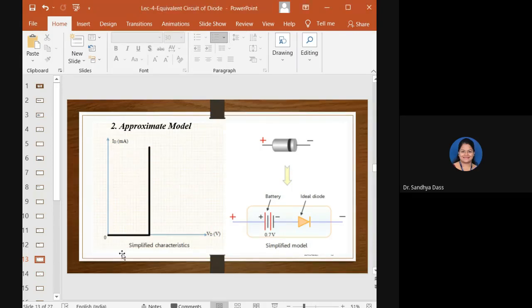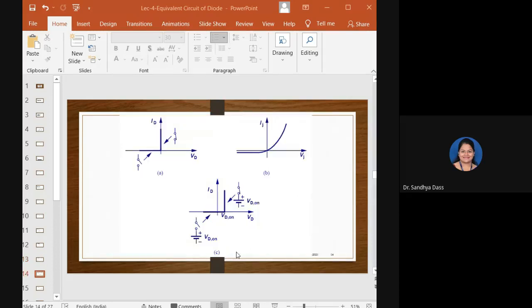Okay, so that is the approximate model. In all the circuits, we will be using this method where we replace the diode with its cut-in voltage or typical barrier potential. This is what I've just explained; the figure explains the same. In the ideal condition, when the voltage is greater than 0, there is maximum current, that is, the diode acts as a closed switch, and in reverse condition the diode acts as an open switch.